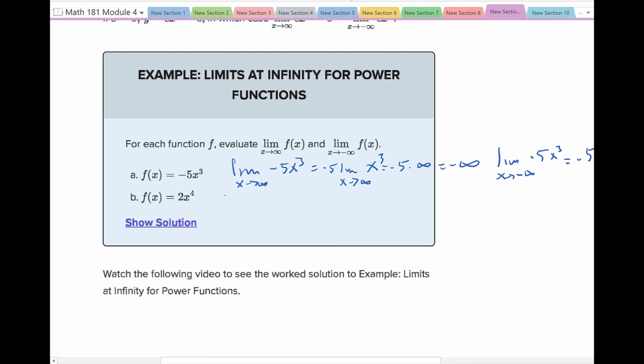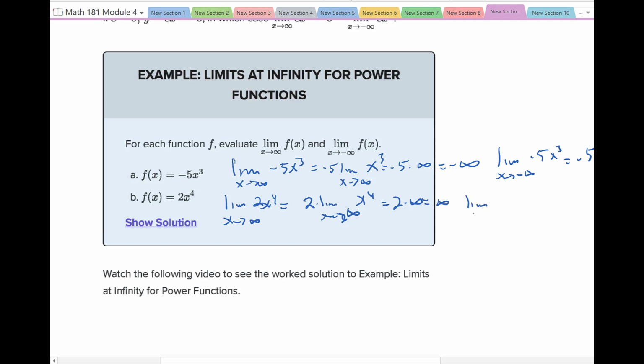We want the limit as x approaches infinity of 2x to the fourth. So that's going to be 2 times the limit as x approaches infinity of x to the fourth. And so we know the x to the fourth function is going to go up in both directions. Looking at this one specifically, it's going to be 2 times infinity, which is infinity.